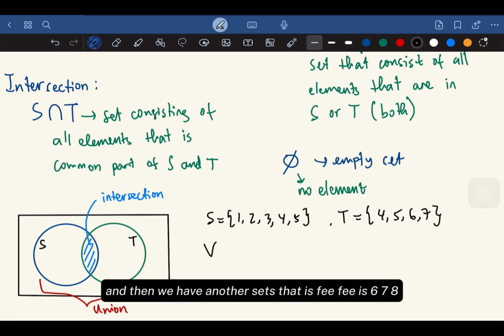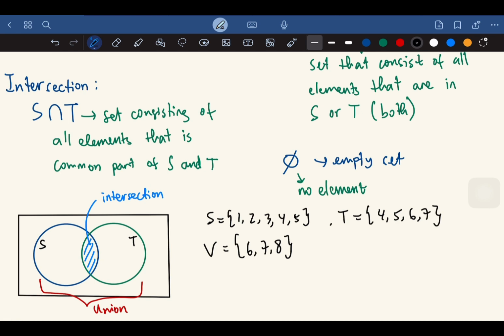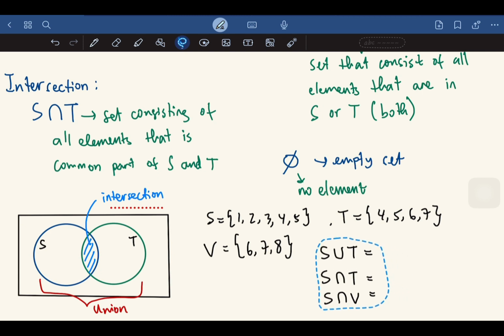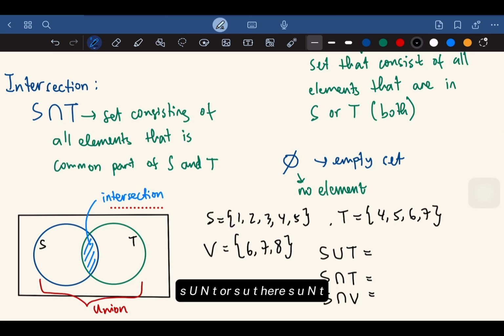And then we have another set, V, which is 6, 7, 8. S union T, S intersect T, and so on.